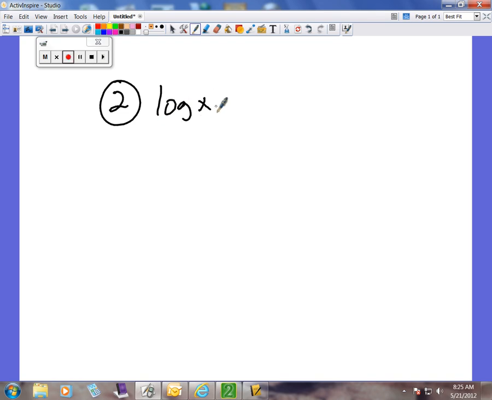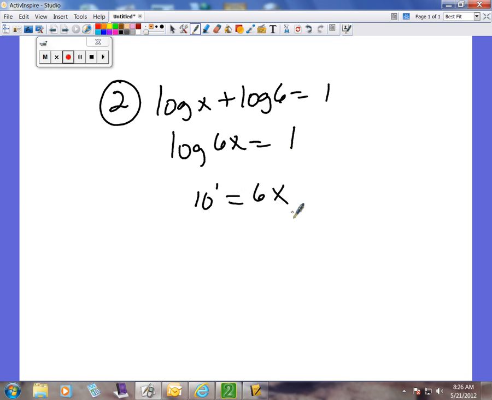Very similar, though. The answer is 5/3. Easy, isn't it? All right, let's do one that's different. Go ahead and do number 3. It's a little different. Let's try number 3.